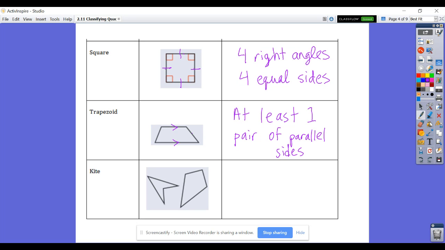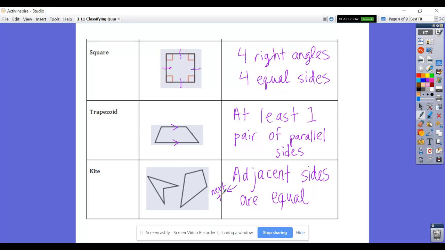And finally, our last famous quadrilateral is a kite. And a kite, we're going to learn some cool math vocabulary here. In a kite, adjacent sides are equal. So first we'll write that down, and then we'll talk about what adjacent means. Adjacent sides are equal. And adjacent just means next to.